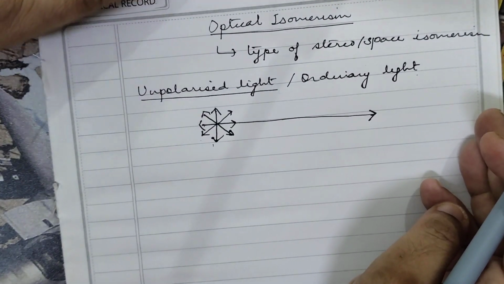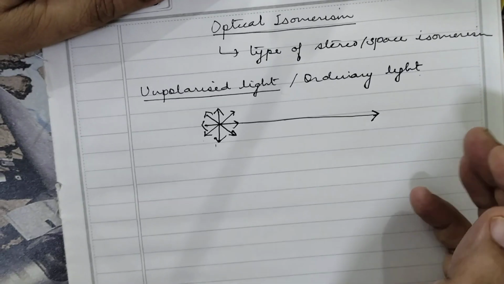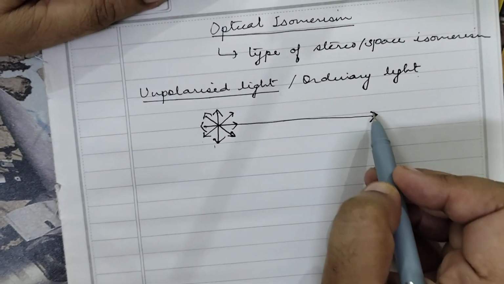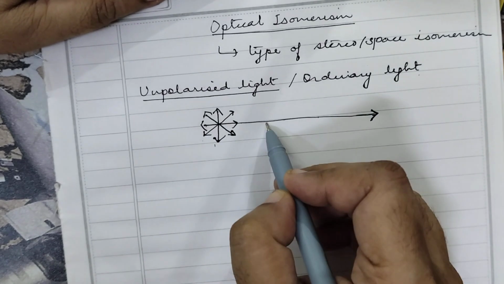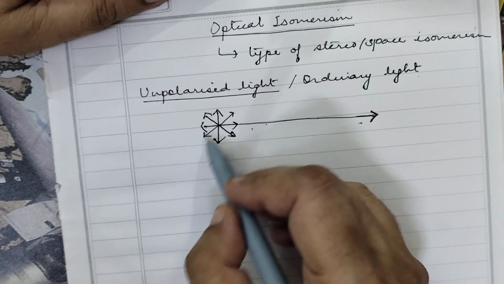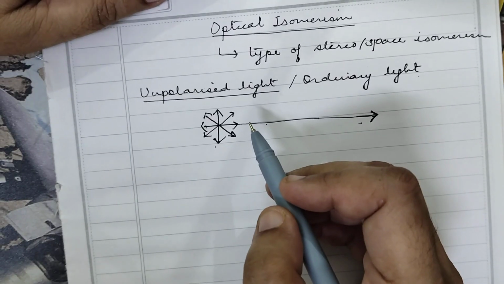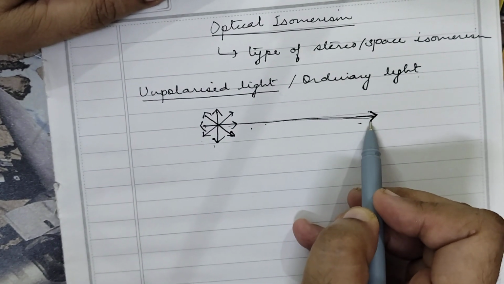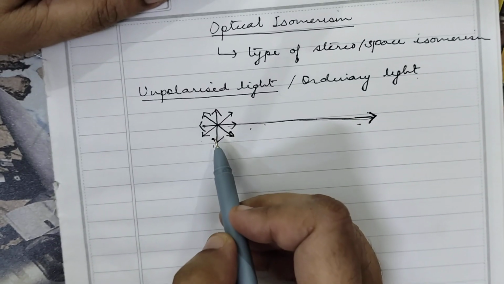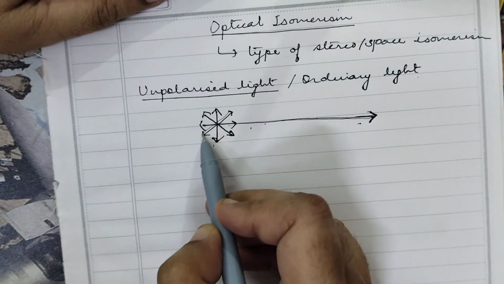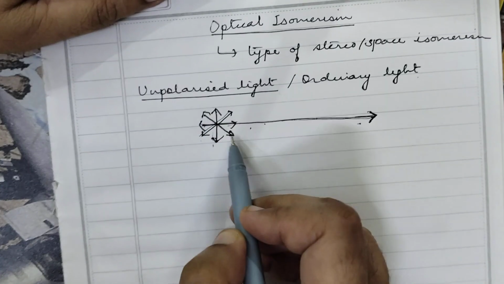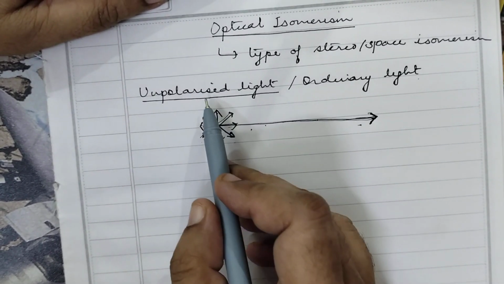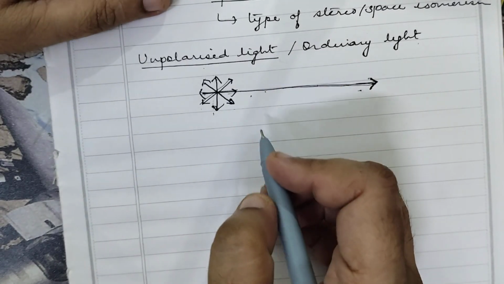So unpolarized light is the ordinary light in which, perpendicular to the direction of propagation, there are vibrations in various planes. So if this is the light going in this direction, then if we observe the light, there are various vibrations and they are in every possible direction perpendicular to this direction. Such a light is called unpolarized light.